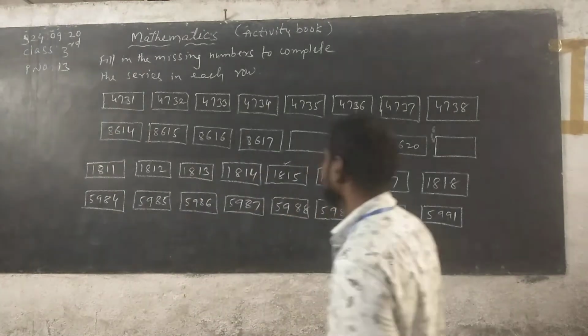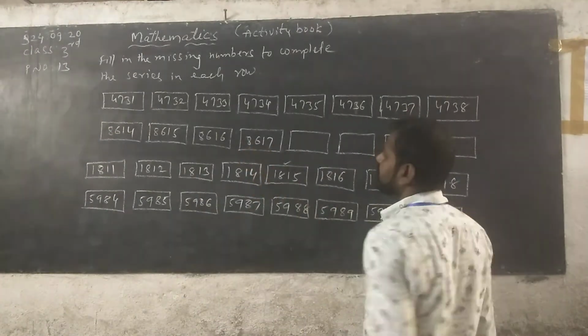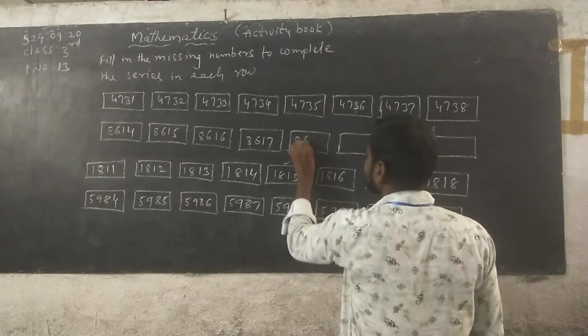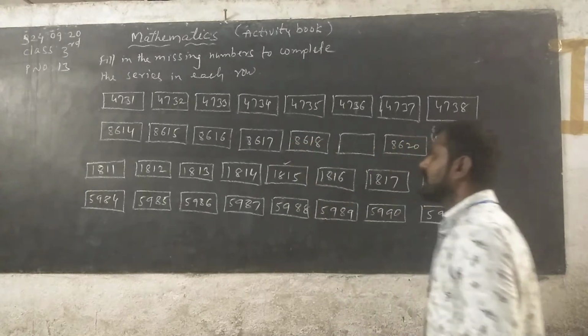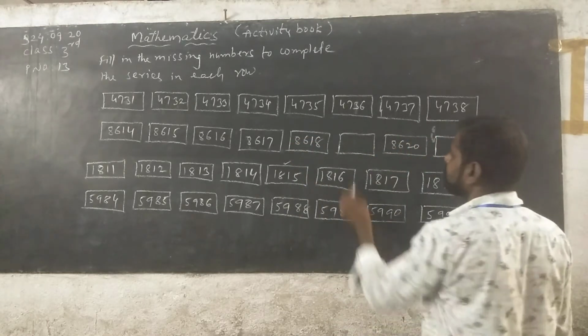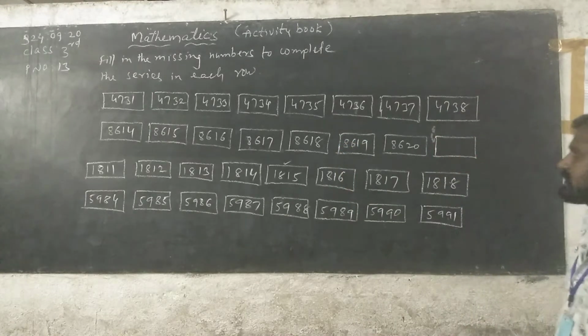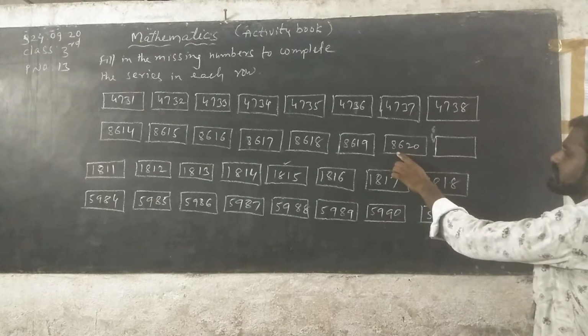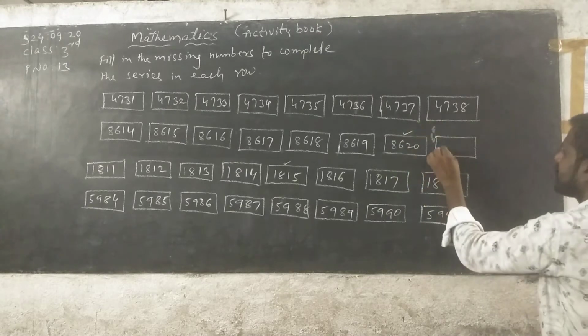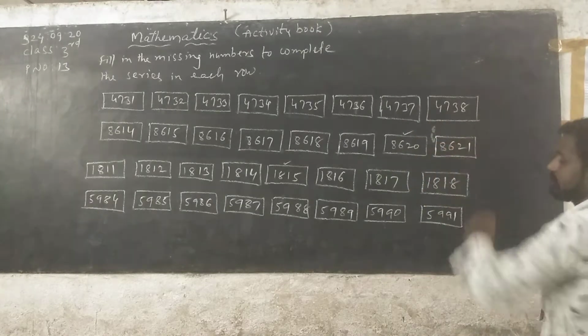Then next, 8617 after 8618, 8618 after 8619, 8619 after 8620 is given. Now next 8621.